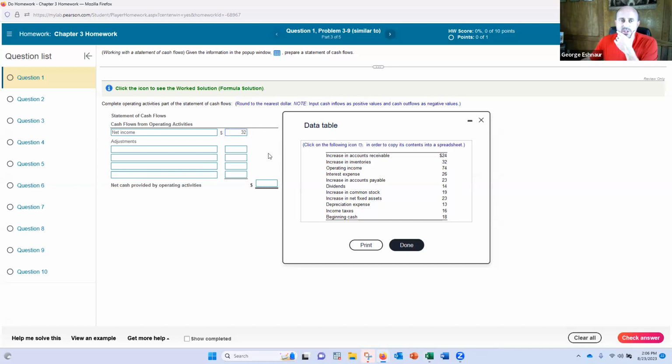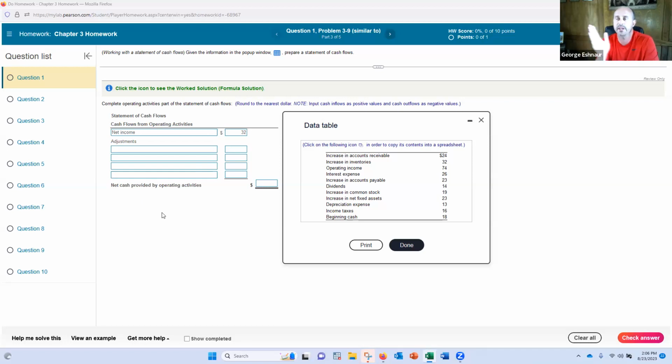Now, what sort of adjustments do we make in terms of the cash flow statement? What are some options that are listed on here? When we talked about inflows and outflows, how do we figure those pieces out?